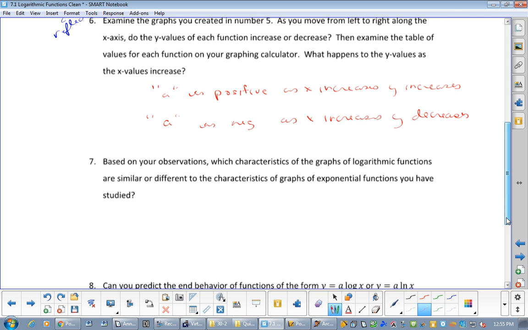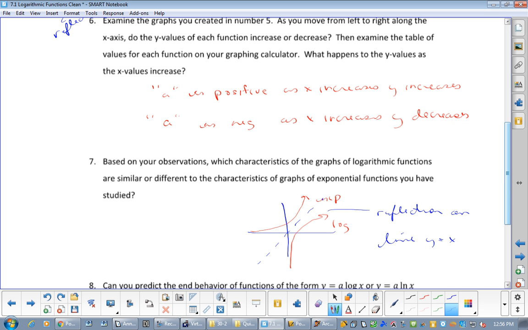Based on the observation, which characteristics of graphs of logarithmic functions are similar or different to the characteristics of graphs of exponential functions? So exponential will always go like this, right? Logs, if it's a positive log, will always go like this. If it's a negative log, it goes the other way, but these will always be a reflection on the line y equals x.